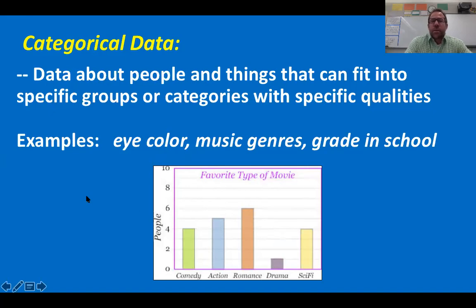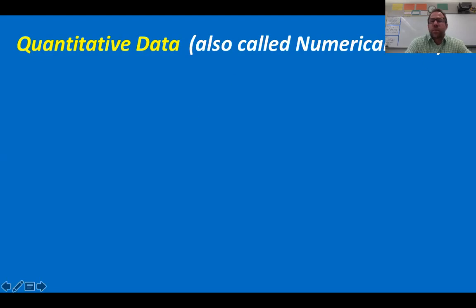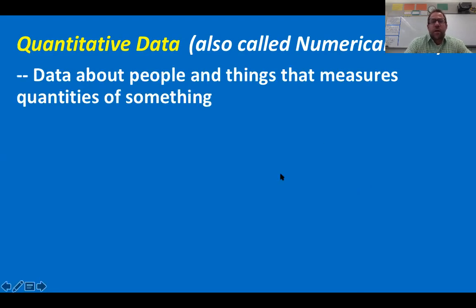Now, there's a second type of data, and that is called quantitative data. Sometimes it's called numerical data, because it uses numbers. Quantitative data is data about something that you're measuring, so you're measuring a quantity.